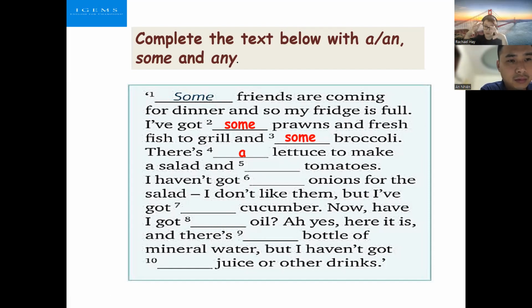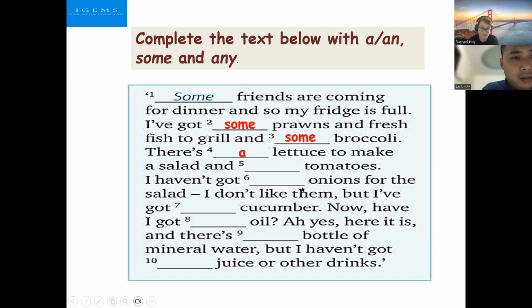But we usually say a head of lettuce because we call the top of it a head. Okay. There's a lettuce to make a salad and tomatoes.